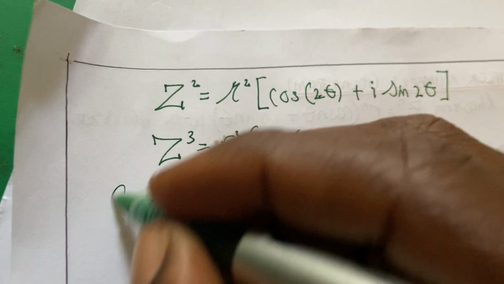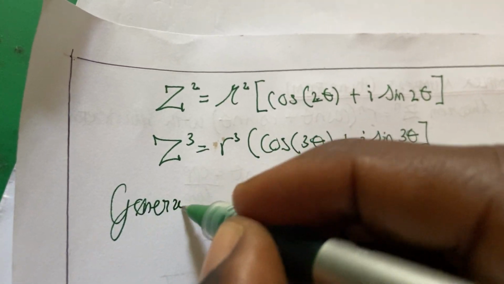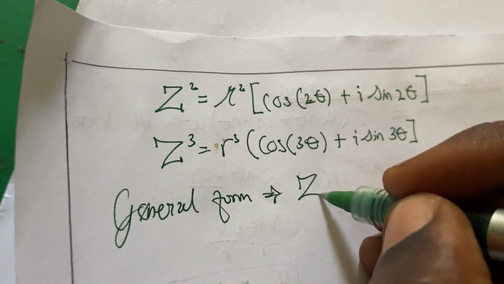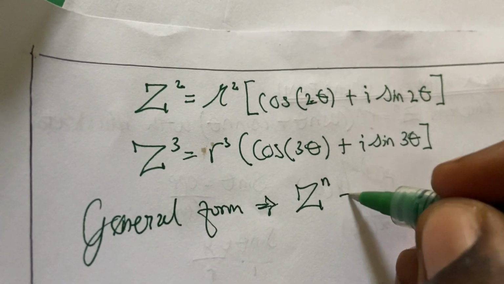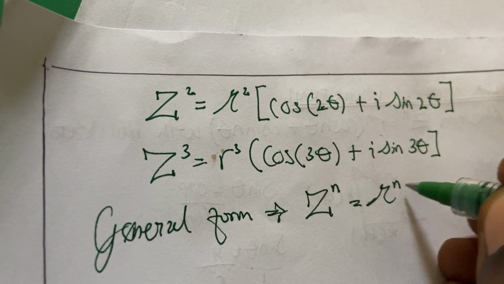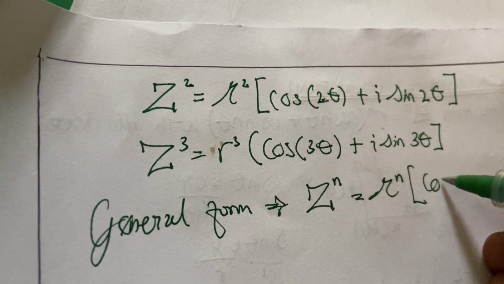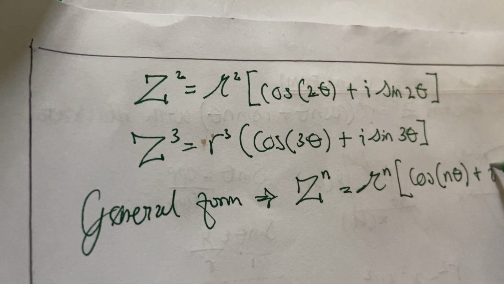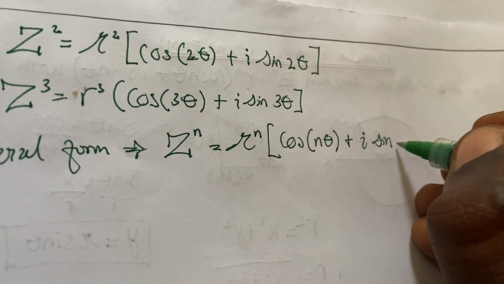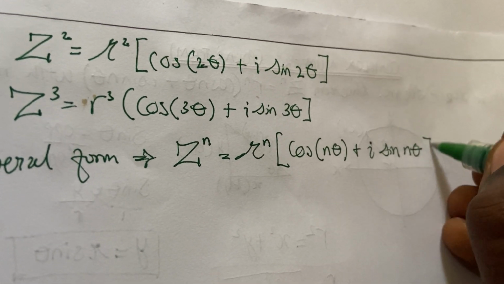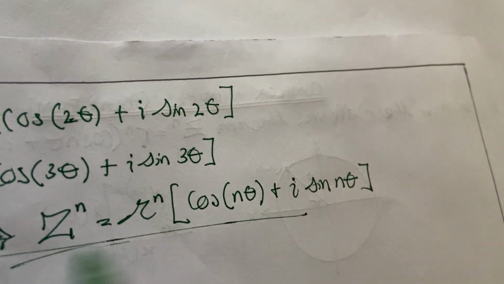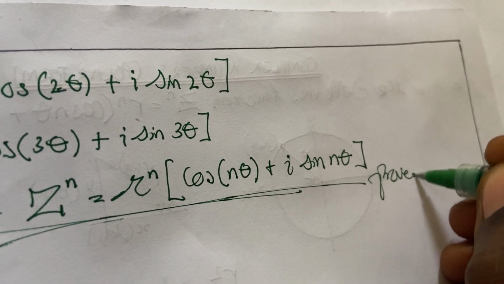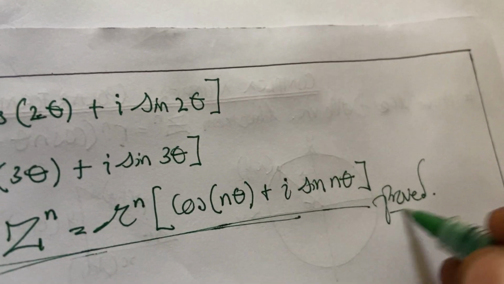So we can say the general form will be z to the power of n equals r to the power of n cos n theta plus I sin n theta. So this actually proves what we want to prove.